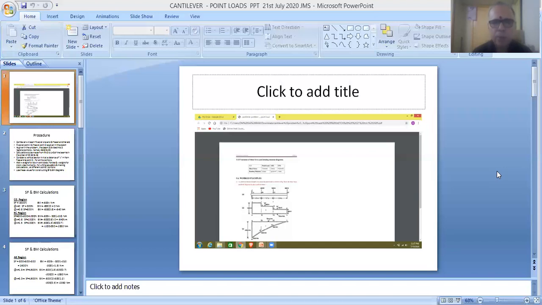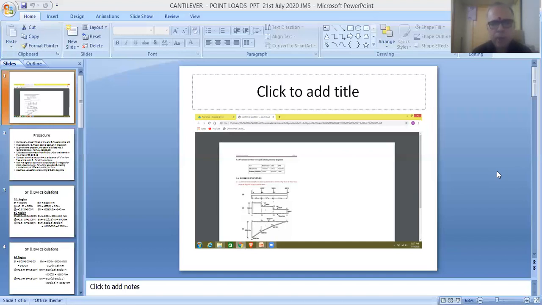These beams are classified into different categories, namely cantilever, simply supported beam, fixed beam, and continuous beam.